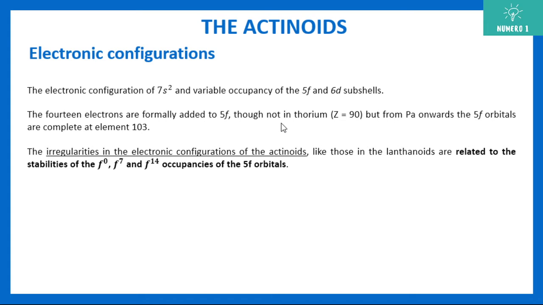But not in thorium; from Pa, that is the next element, we see the electrons entering the 5f orbital, and it is completed at element 103. Let me show it to you.